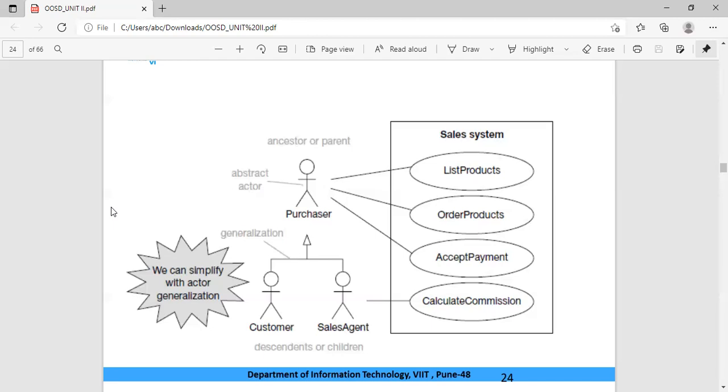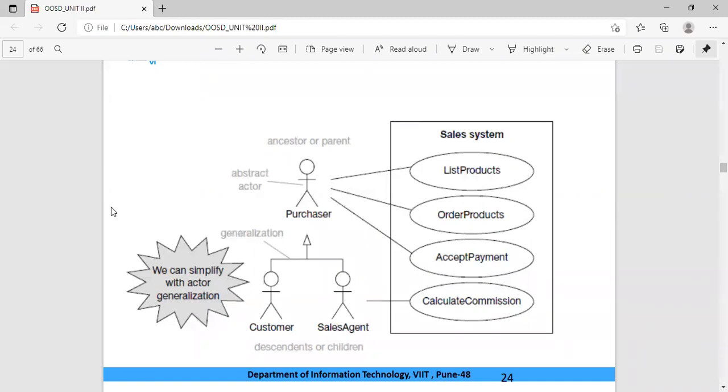We have seen this concept in inheritance, the parent class and child class, right? The same concept we are applying for generalization, where if I want a dependent actor, then I can do it with the help of this generalization concept.